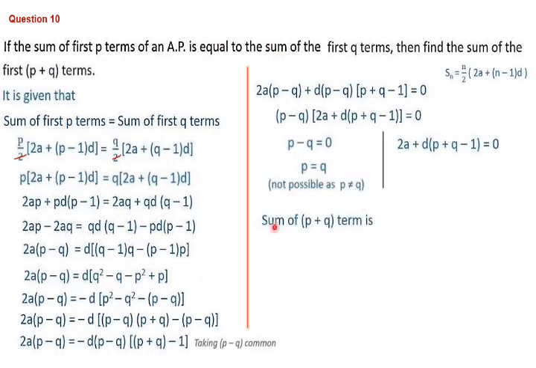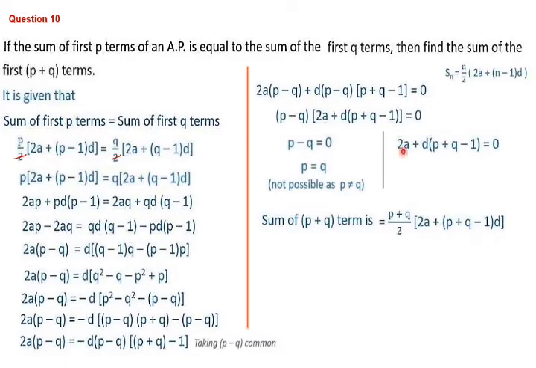Then the sum of p plus q terms is what we are going to calculate. Sum of first p plus q terms: what do you have to do? Wherever n is there, put p plus q. So that is equal to (p plus q) by 2, into 2a plus (p plus q minus 1) into d.